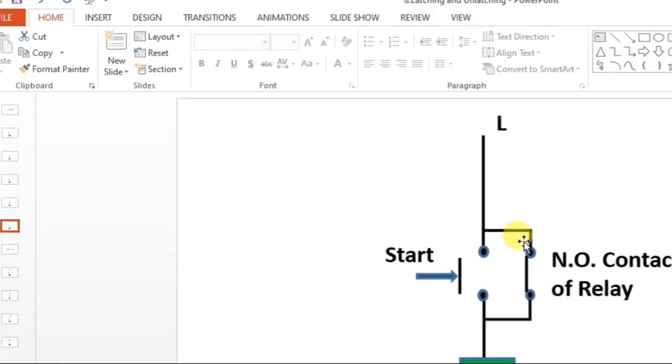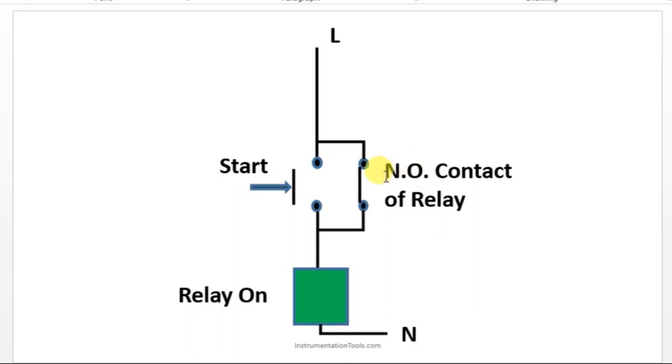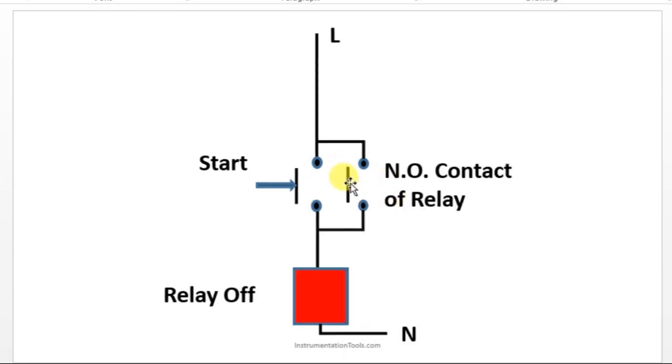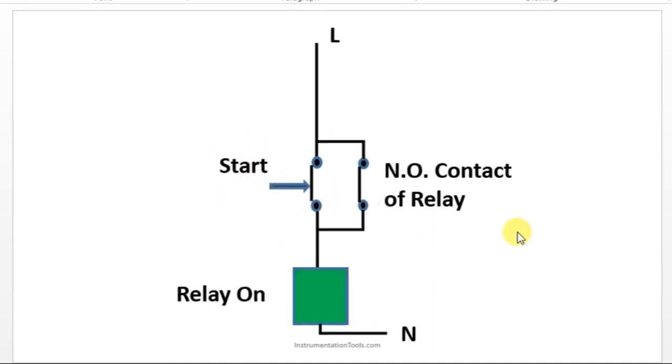If you see the PPT, you can see the relay on and the NO contact of the relay. We have a push button and a NO contact of the relay connected in parallel with the push button. Once you press the switch, your relay will be on, and that relay memory contact is also on.